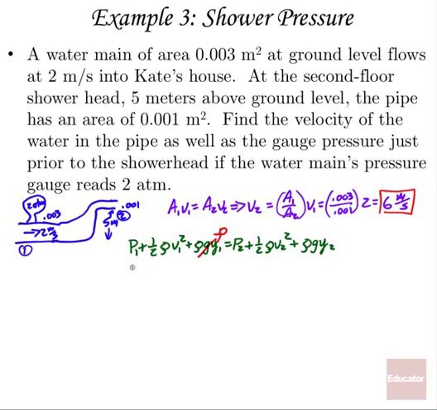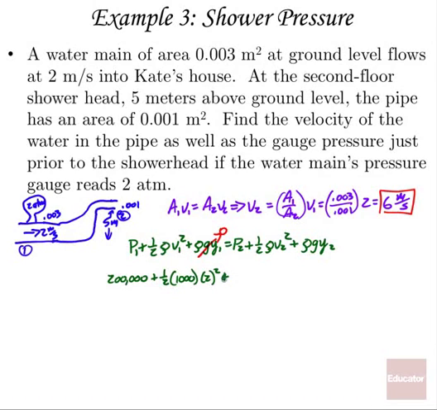Over here at P1, we already know our pressure is 2 atmospheres, or 200,000 pascals, plus 1/2 times the density of fresh water, 1,000 kilograms per meter cubed. v1 is 2 meters per second. We're going to square that.